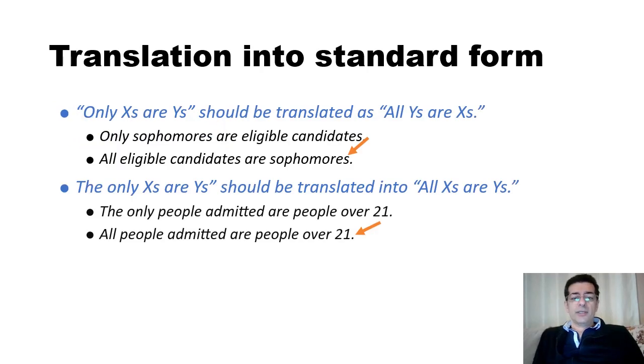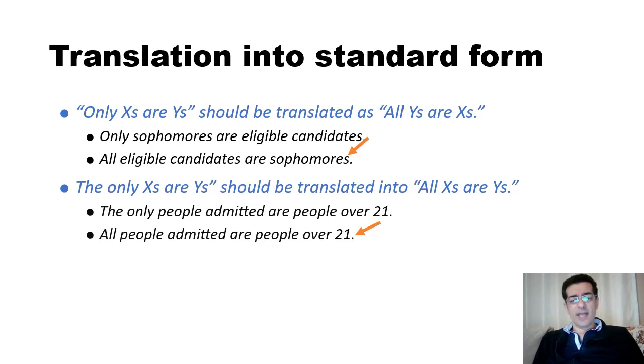Now, let's look at how we can change sentences with only, for example, to standard form categorical claims. Do not read the blue sentences on the slide, okay? Let's read the sentence right below our rule 1. The sentence says, only sophomores are eligible candidates.